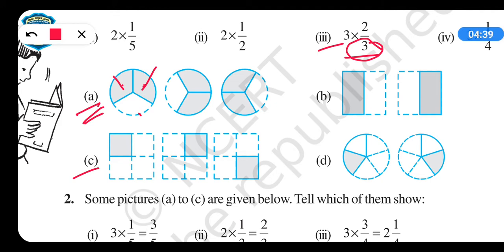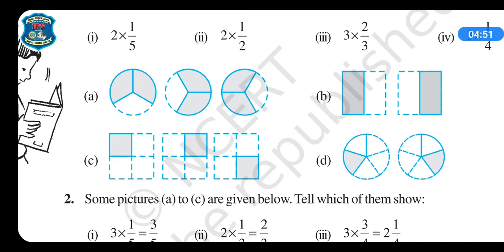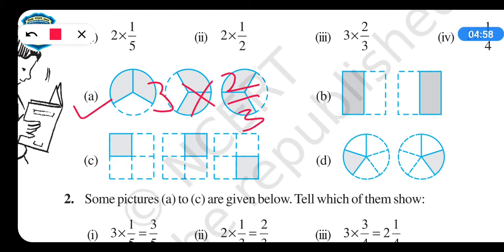So this is 2 upon 3. So 2 upon 3 and how many? 3. So the number is 3 into 2 upon 3. This is A part, right? Got it?